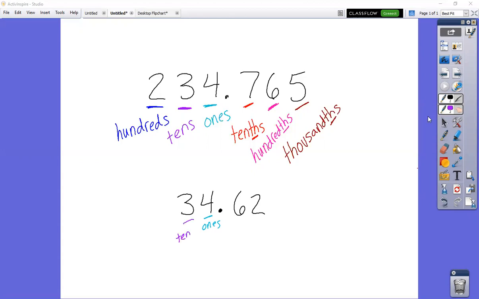And then this 6 over here is the tenths place. And then this 2 right here is our hundredths place. Okay? So we need to line up our hundredths place with our hundredths place, and our tenths place with the tenths place, the ones place with the ones place.